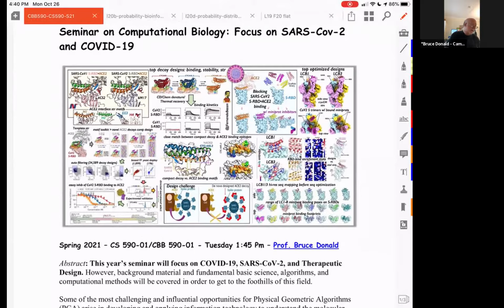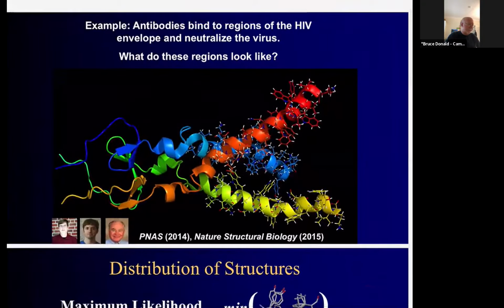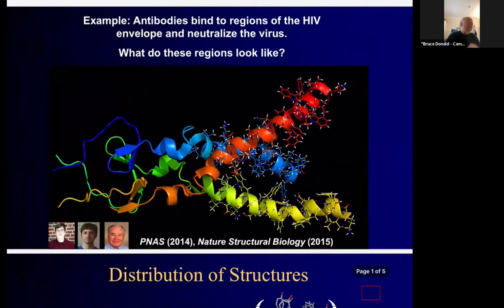Let's just look at an example here. This is an example not for COVID, but for another virus, namely HIV, which you've heard of. One of the things that comes up immediately is that if you just take a genomic approach to this, then you know something about the parts list for how pieces of the virus are made, but you don't know its 3D molecular architecture, which makes it difficult to design interventions.